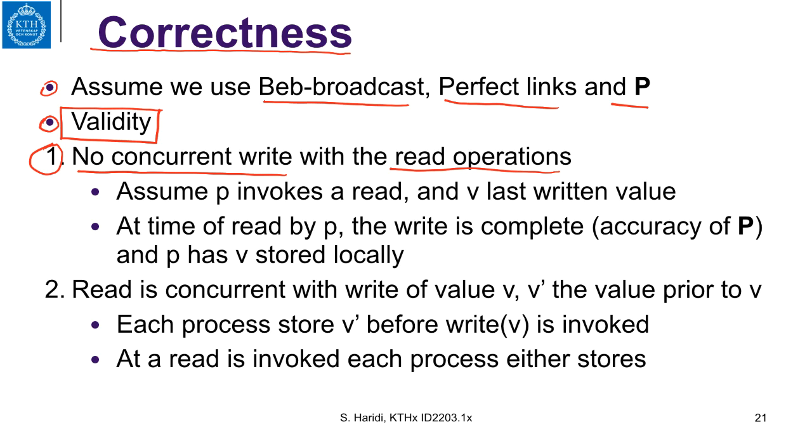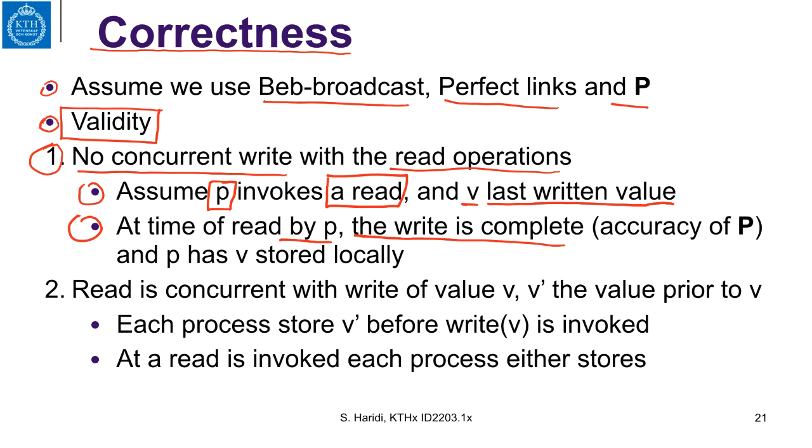We assume that it is process P that invokes the read operation, and V was the last written value. This means that the response of the write was before the invocation of the read. So at the time of the read by P, the write is complete.